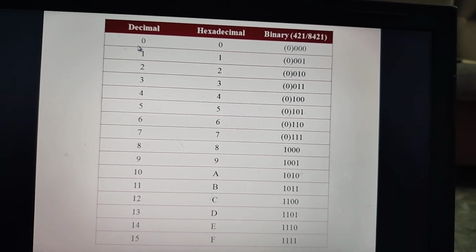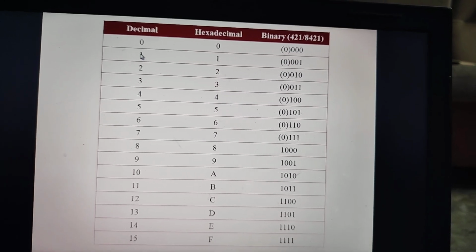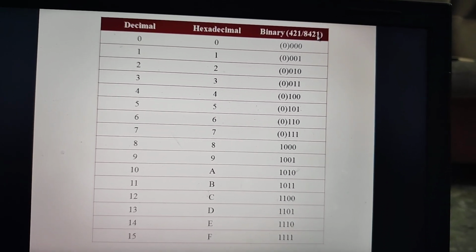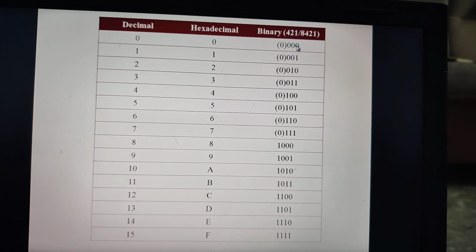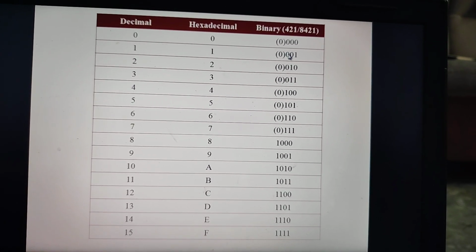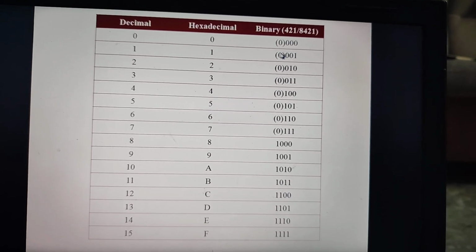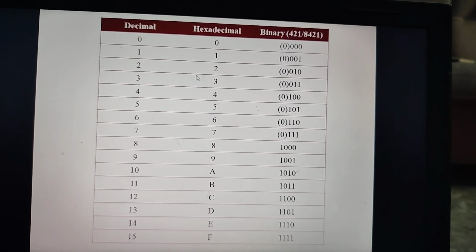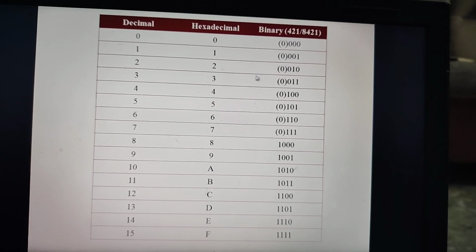And here are the conversions. Here the decimal number 1 and hexadecimal number 1. So in the place of 1, we put 1, and all other places are occupied with 0. Here I have specified 2, and here hexadecimal 2.